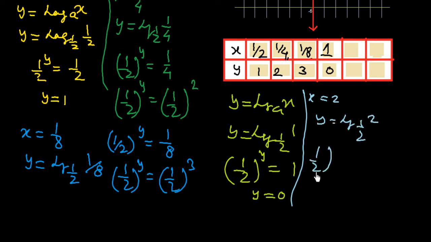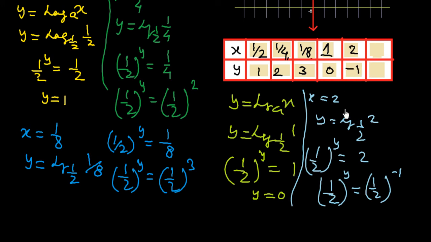So 1 by 2 power y is equal to 2. So we could get 1 by 2 power y is equal to 1 by 2 power minus 1. So y is minus 1 here. If x is 2, y is minus 1.